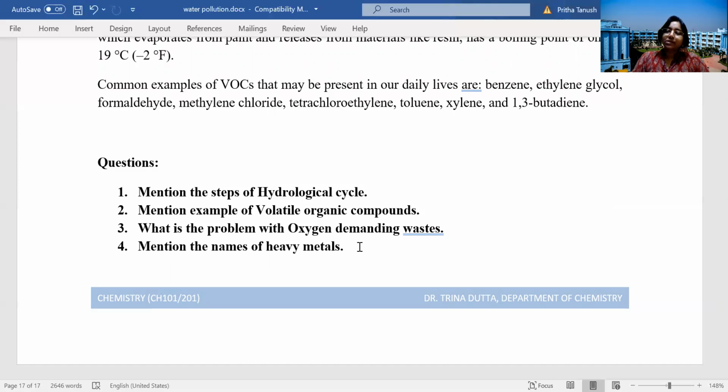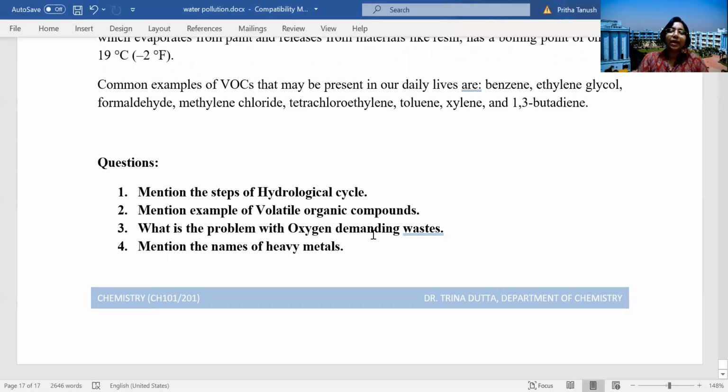You have to say that when any organic matter is decomposed, it requires oxygen, so it consumes dissolved oxygen. These types of organic matter are called oxygen demanding wastes. They are very harmful as they reduce the dissolved oxygen level, DO level, of the water. The DO level should be maintained at least at 5 milligrams per liter for aquatic life.